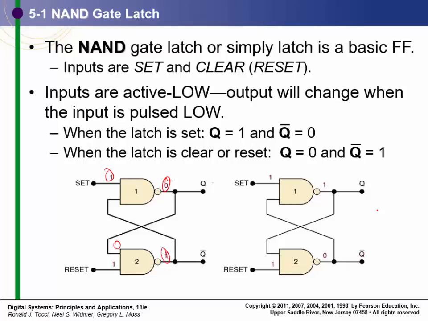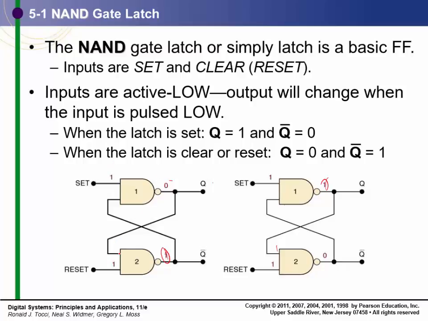If this is already a 1, that is going to put this to be a 1 here, and this is a 1, that's going to 0 and keep that a 1. So as long as these are both high, whatever state it's in, it's going to remain in that state. These are active low inputs.